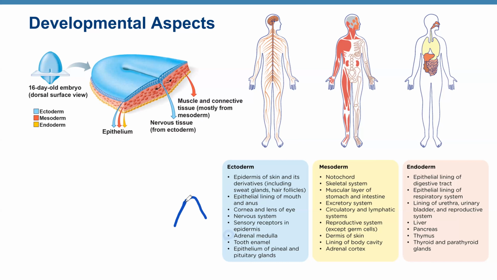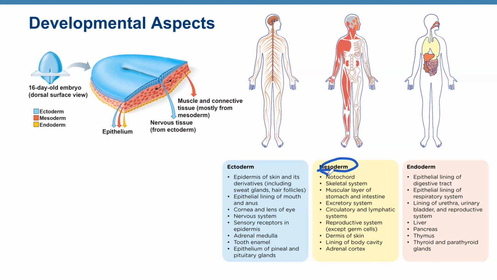The adrenal gland is a gland sitting on top of the kidney, and it has an inner part, the medulla, and an outer cortex. The medulla is actually nervous tissue, so that's why the adrenal medulla also forms from ectoderm. Also tooth enamel, and the epithelium of the pineal and pituitary glands. These two glands are located in your cranial cavity.